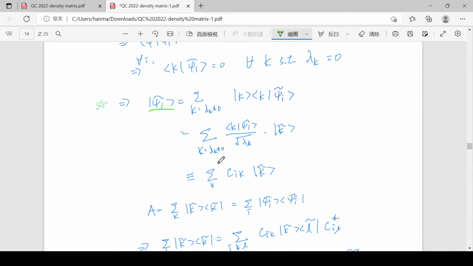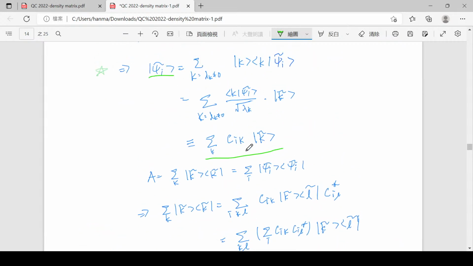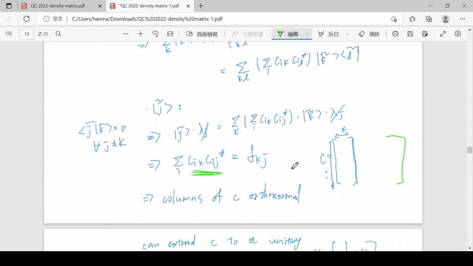So the psi tilde can be written as some Cik of k tilde. And you show that the Cik is basically a unitary, although there is some, after you fix the dimension issue, the Cik is a unitary because the columns satisfy this orthonormal relationship.